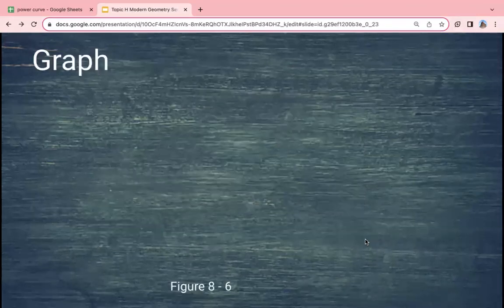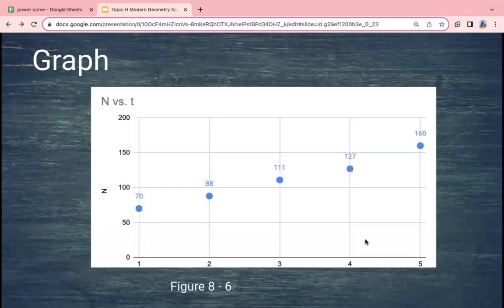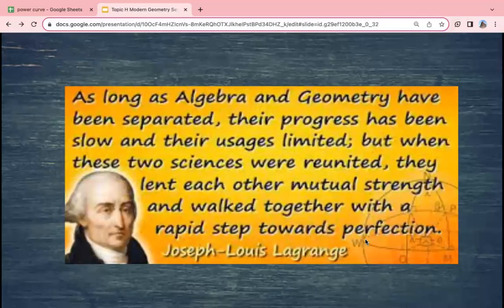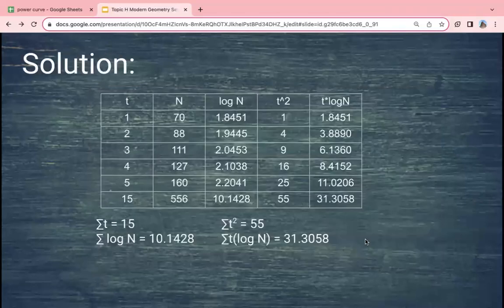And also, in getting the graph, you just click on the chart or highlight first the values for your t and n, and click on chart, and right away you got this graph. And this is the curve, and that concludes my topic.